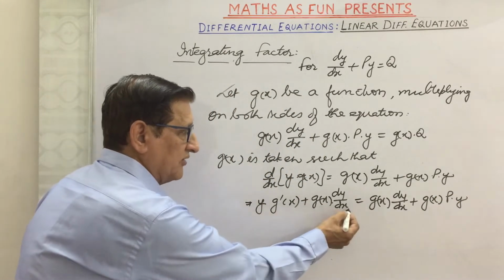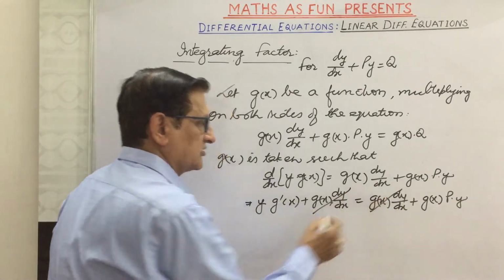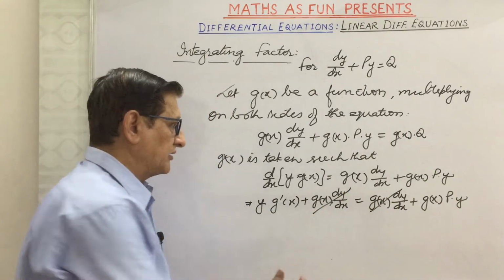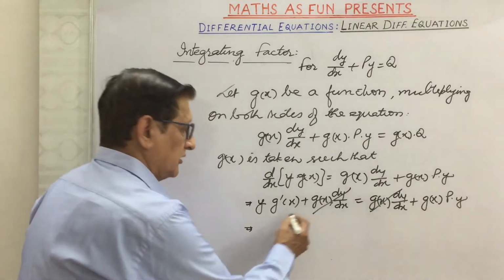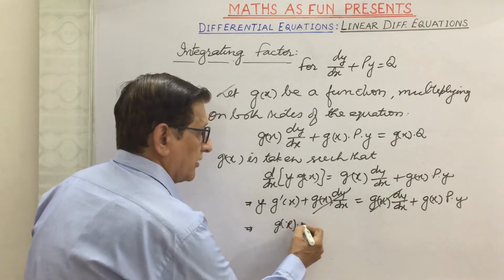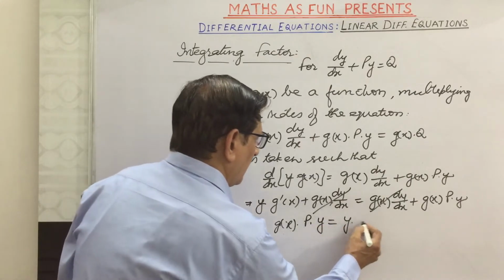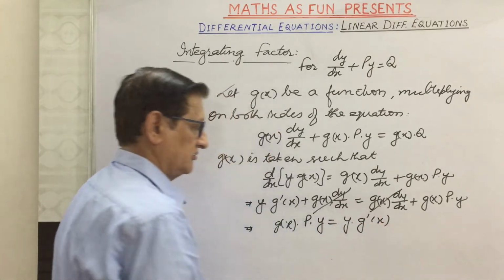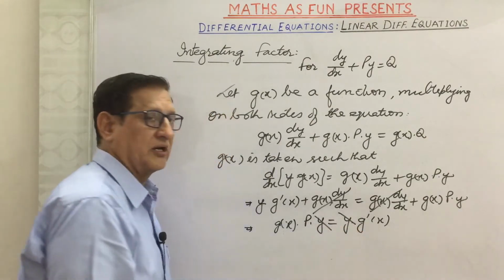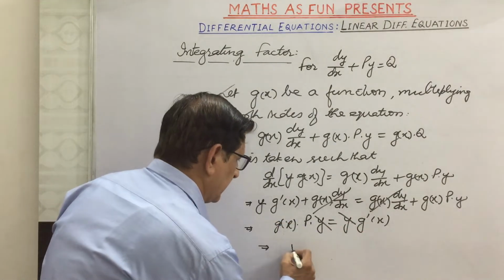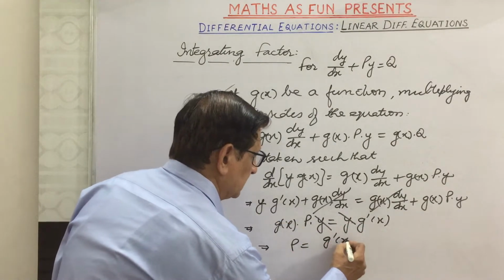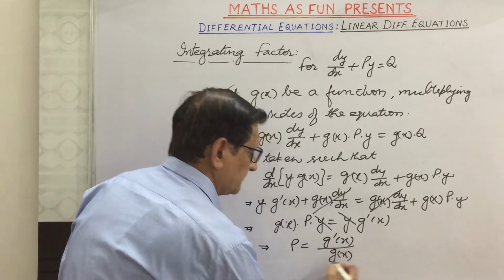This gx into dy by dx cancels on both the sides. And then we find here gx into p into y is equal to y into g dash x. This y also cancels this y. And then we get the value of p here. p is equal to g dash x upon gx.